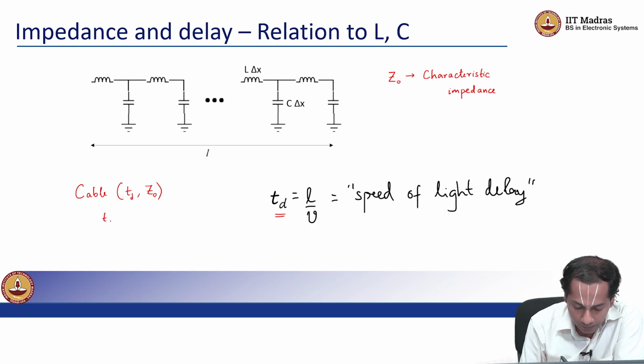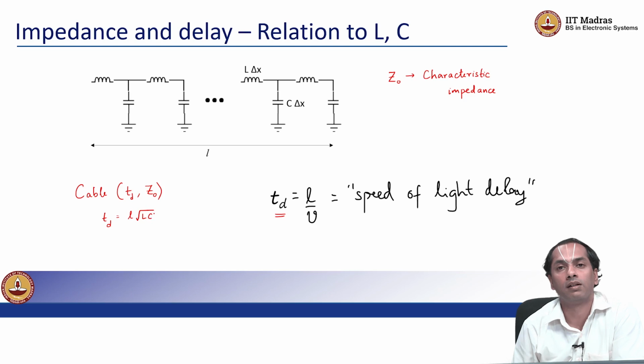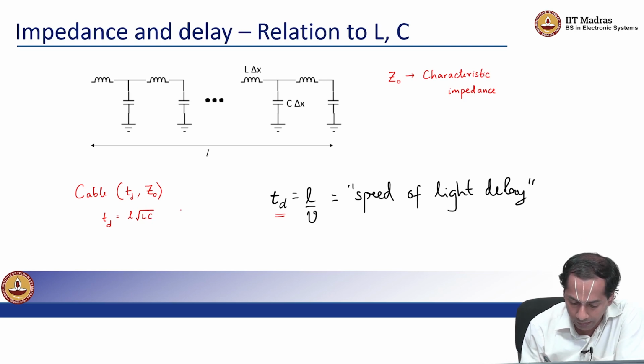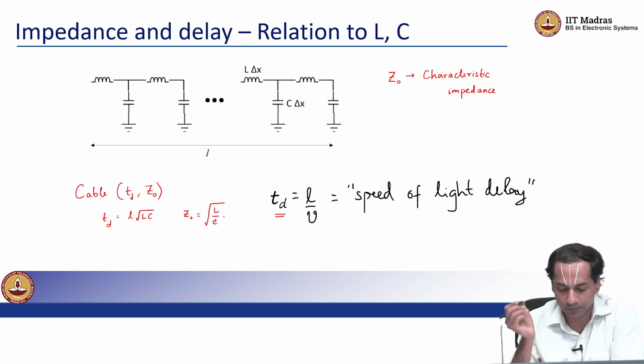So TD is essentially l by v, but v was 1 over square root of LC, right? LC as in our toy model for the transmission line. Similarly, Z naught was square root of L by C, right?